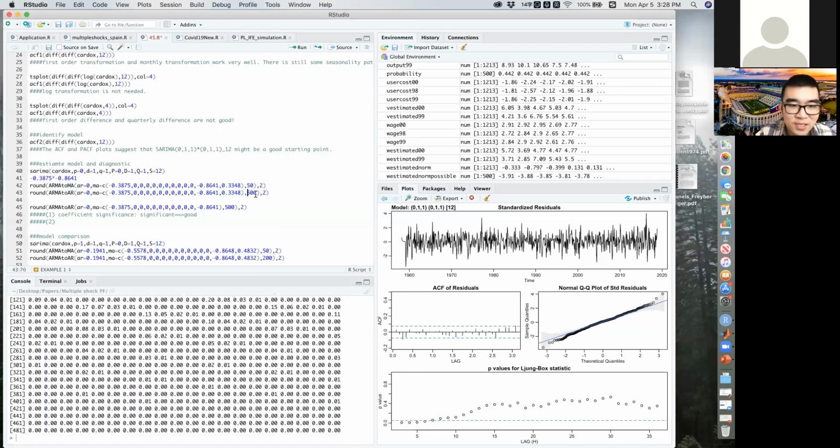So this is not easy. You need to increase the order of the AR coefficients to make sure that your model actually converges. This suggests that our model is a valid ARMA model. It is causal and invertible.